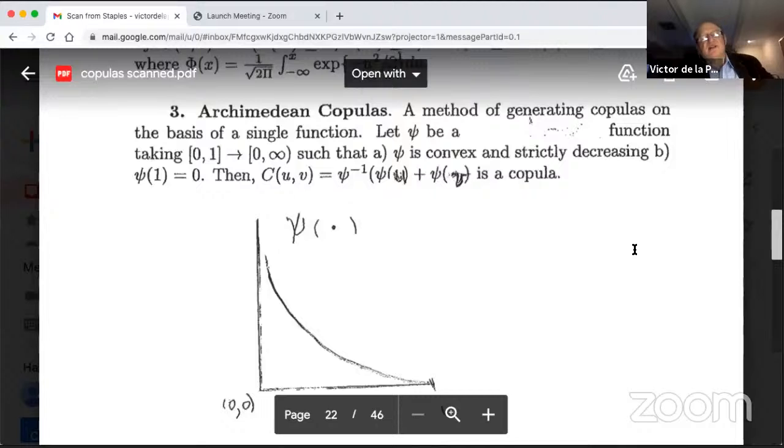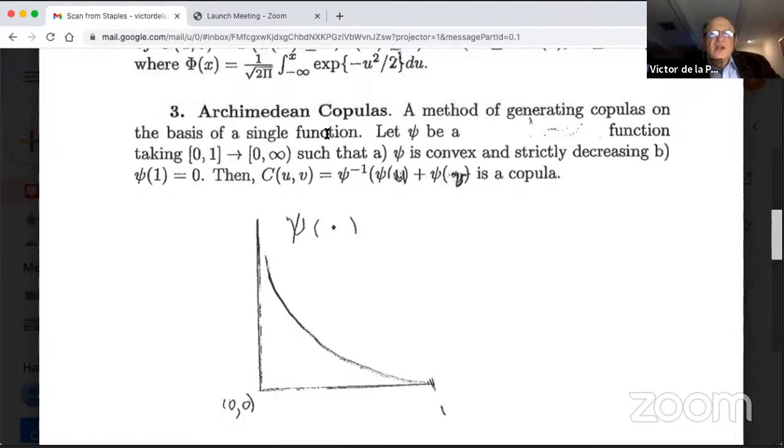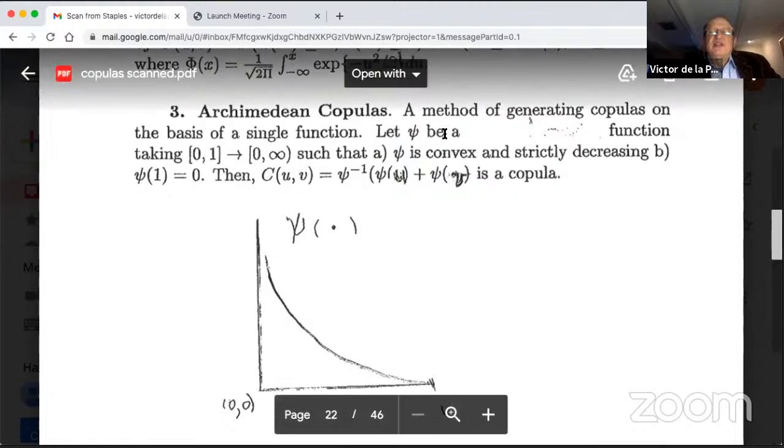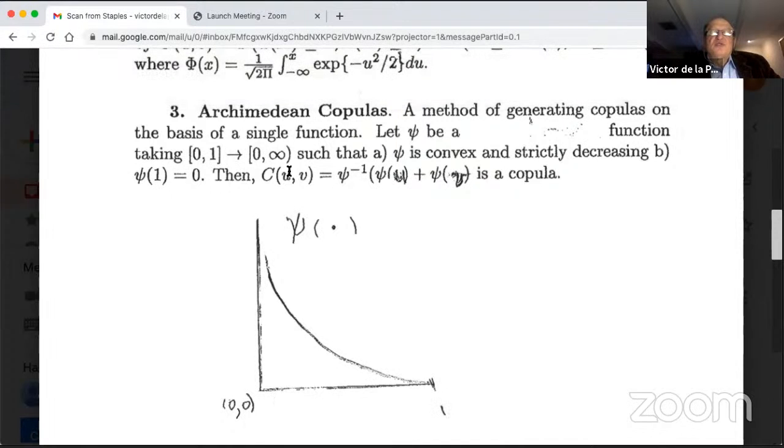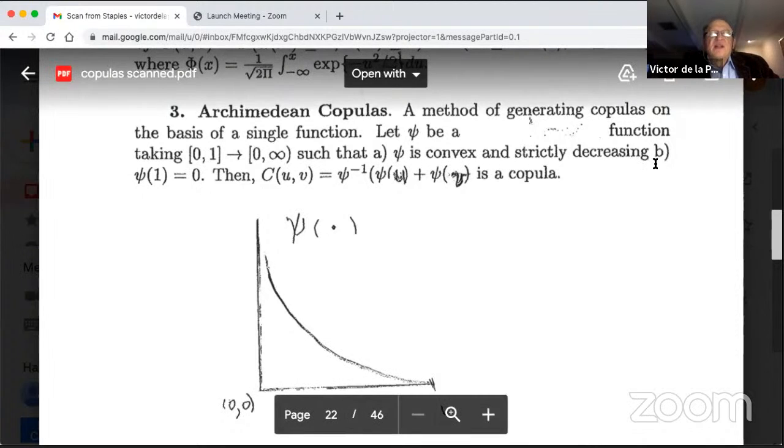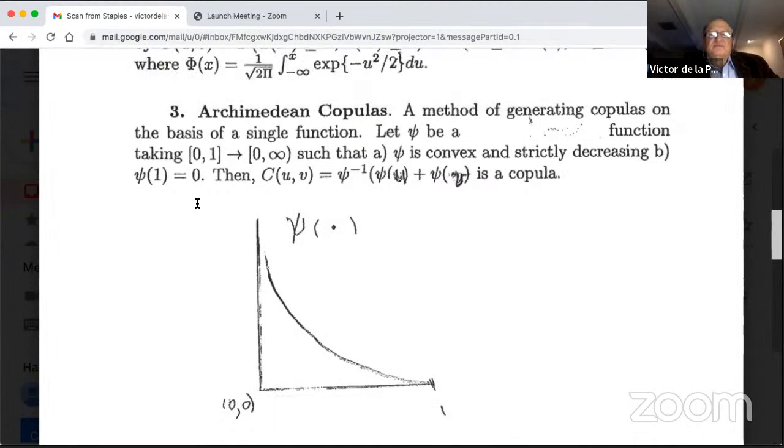A very popular way of constructing copulas is called the Archimedean copula. We take psi to be a function from [0, 1] to [0, infinity) such that psi is convex and strictly decreasing, and psi of 1 is equal to 0. Okay, so this is the picture.